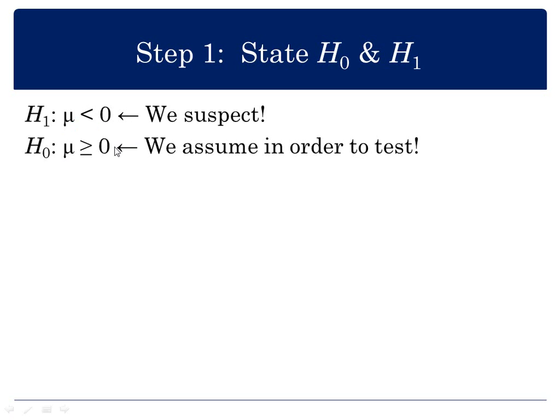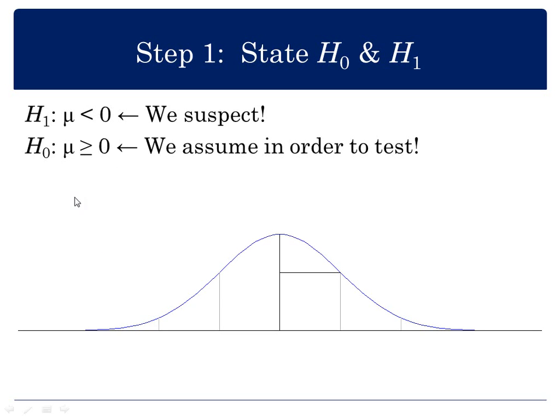The null hypothesis that we're going to try to disprove says if I take that population of TBI sufferers and compute its average score, I'm going to get a value that's either 0 or greater than 0, which would indicate what? No cognitive impairment. That's not what we think is actually going to happen, but we have to assume this in order to test it. So, again, what's the purpose of the null hypothesis and why is it fundamental? Because it sets up that population.